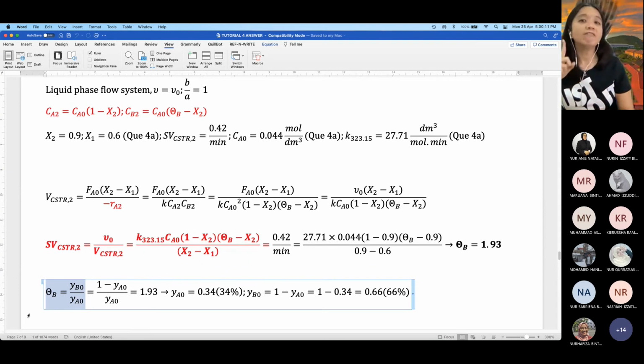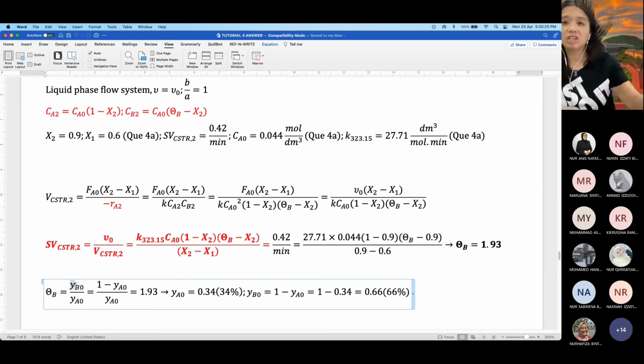So now I already have an additional equation because I can correlate YA0 to YB0, because I know in my reactor, in my system, these two fractions added must be 1. Okay, so instead of writing YB0, which is an additional unknown, I write YB0 equals 1 minus YA0. I know YA0 plus YB0 equals 1, therefore YB0 equals 1 minus YA0.